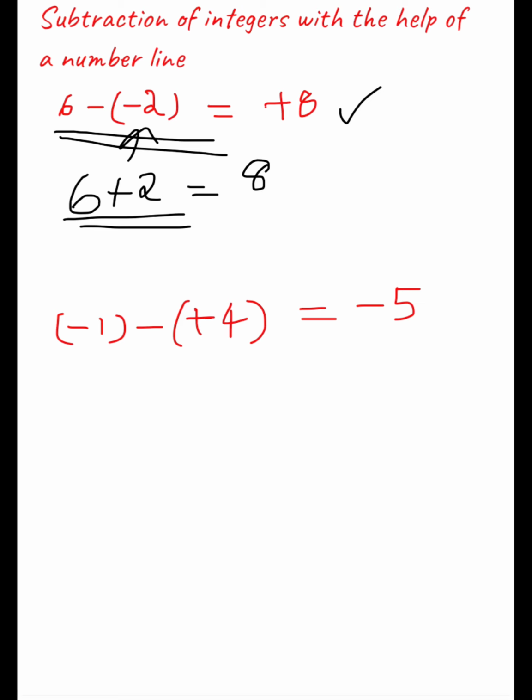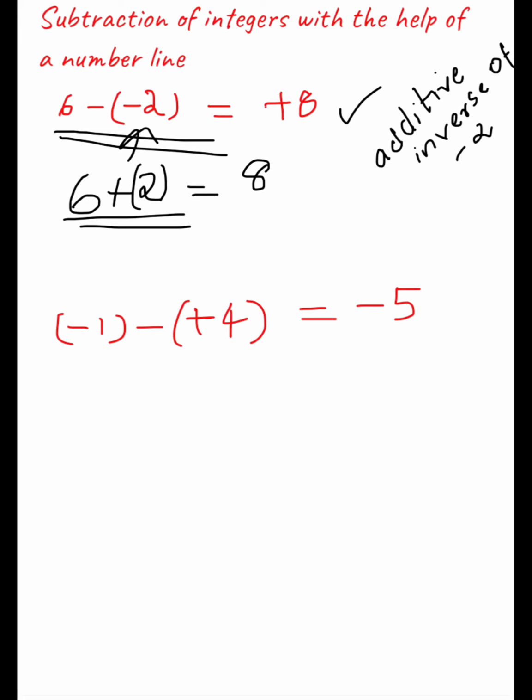That means here the second integer is minus 2. So 6 minus minus 2 is similar to adding 6 plus the additive inverse of minus 2. Why minus 2 here? Because the second number or the integer which is being subtracted is minus 2.